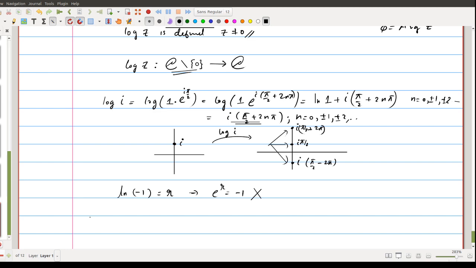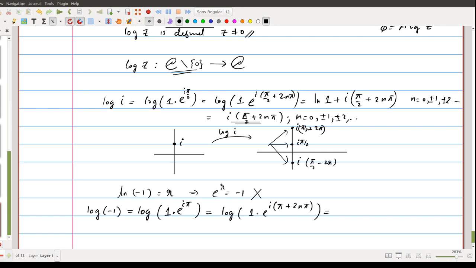But in complex analysis, we can easily get logarithms for negative values, because we can write minus 1 as 1 times e to the power i pi, since the modulus of minus 1 is 1 and the amplitude of minus 1 is pi. Or more generally, this is log of 1 times e to the power i(pi plus 2n pi).